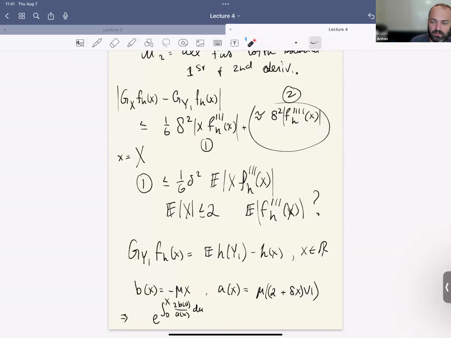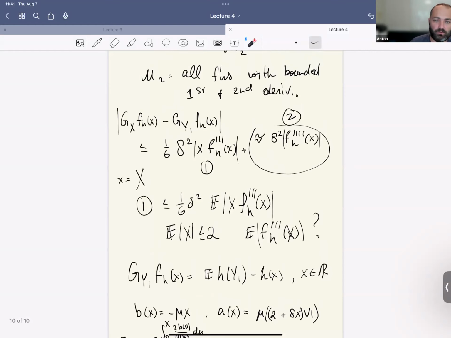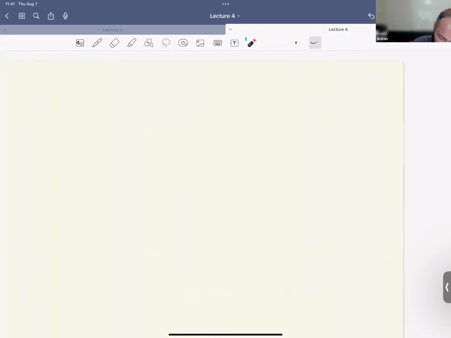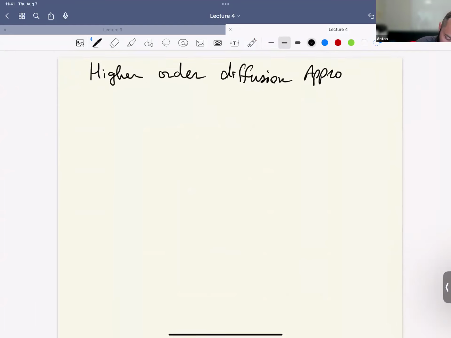Is this a more general phenomenon? And can we go beyond a second order approximation? What about a third order, fourth order, etc.? Higher order diffusion approximations.